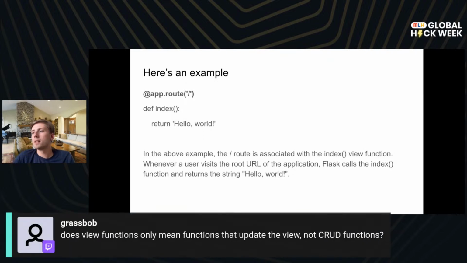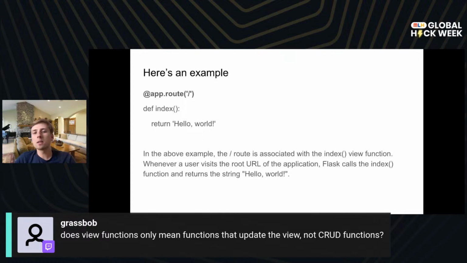And Grass Bob says, does view functions only mean functions that update the view, not CRUD functions? Actually, view functions refers to a function that will show a display onto the screen, and we can pass information to the view function. So let's say the user logged in, and now we know their profile picture.